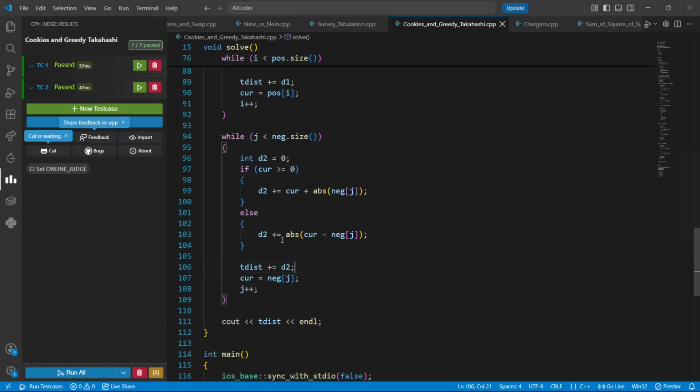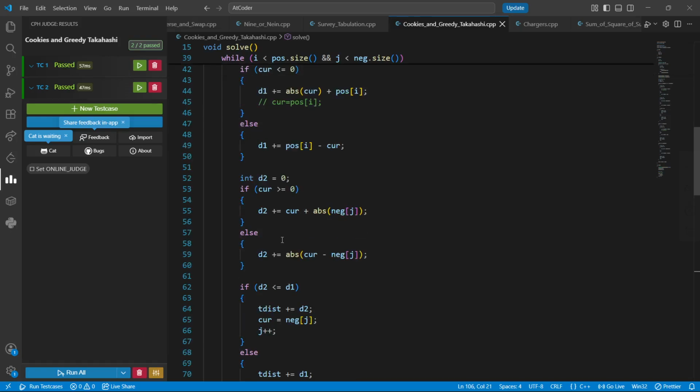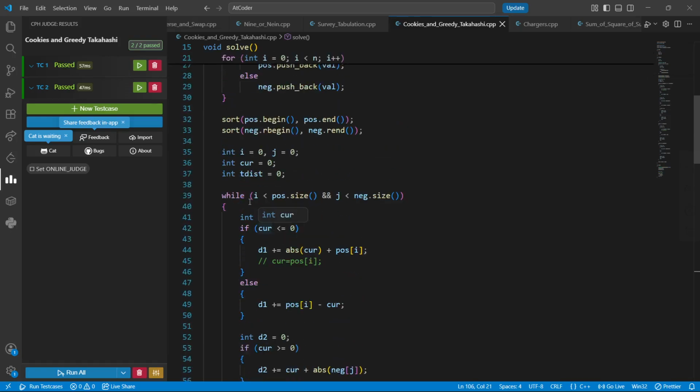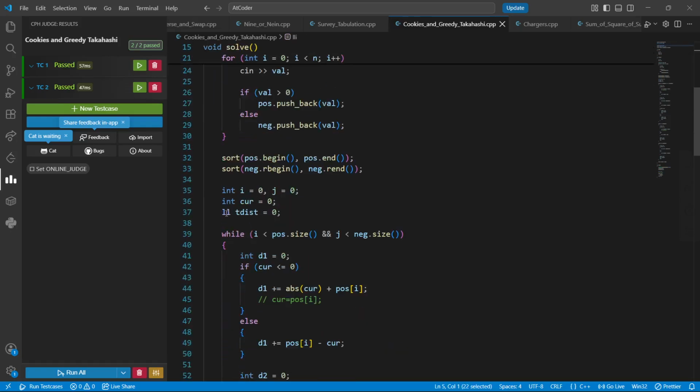So whatever distance Takahashi is traveling will not be in this range, so it should be long. I have already defined long as LL, so total distance will be LL.